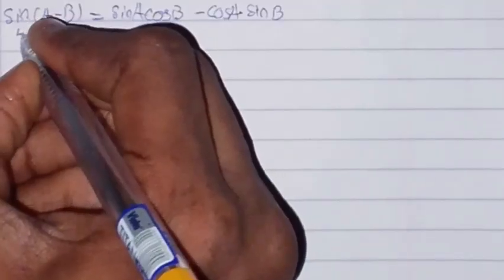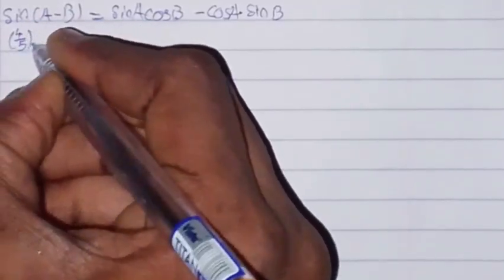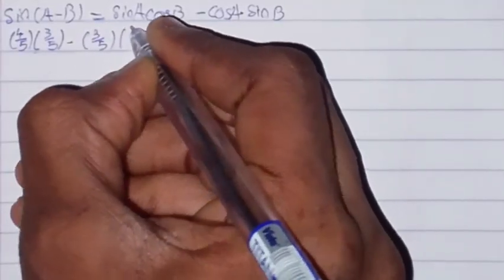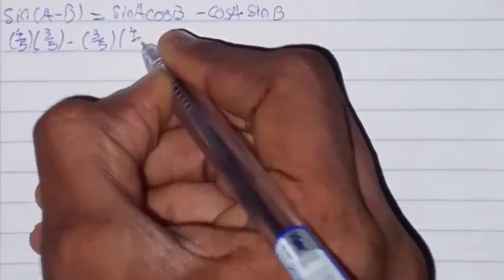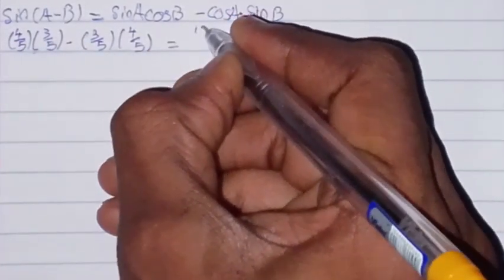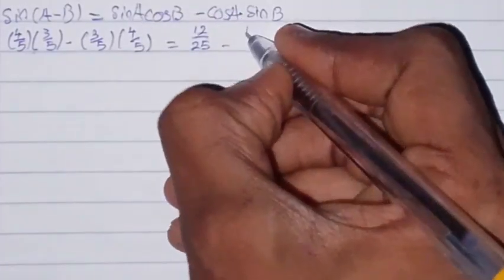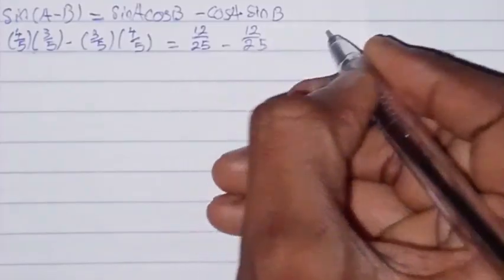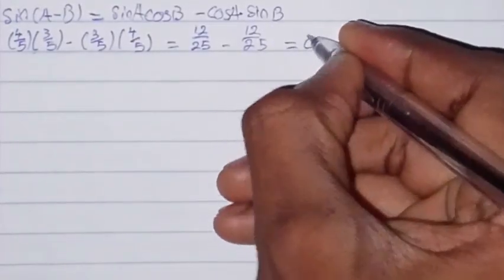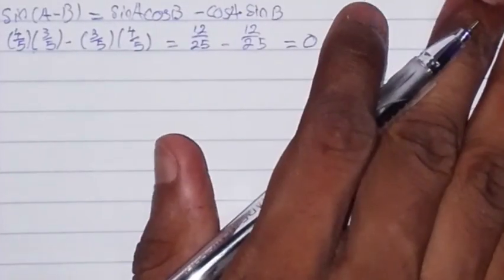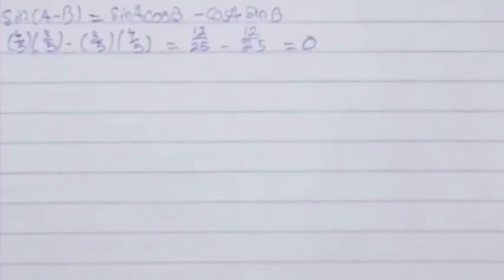So we have 4 over 5 multiplied by 3 over 5, which is 12 over 25, minus 3 over 5 multiplied by 4 over 5, which is 12 over 25. 12 over 25 minus 12 over 25 is equivalent to 0. So that's for sin A minus B, and that's the end of the practice questions. That's it for trigonometry for today.